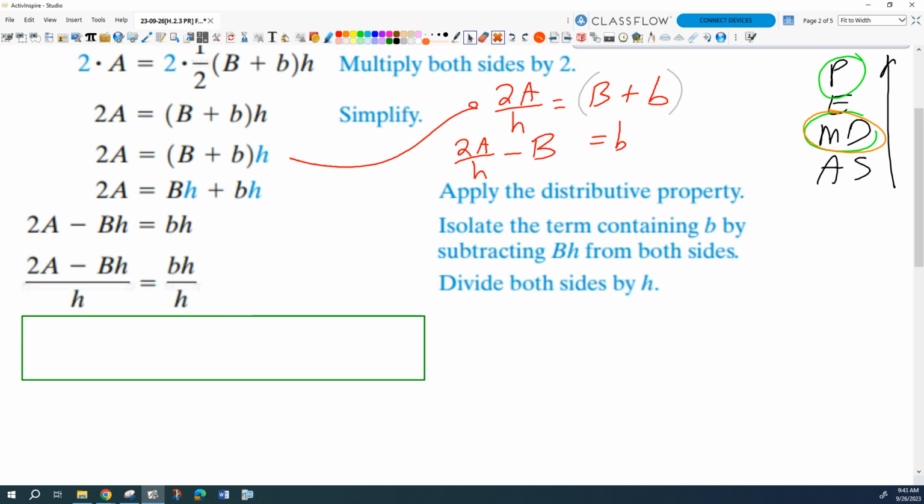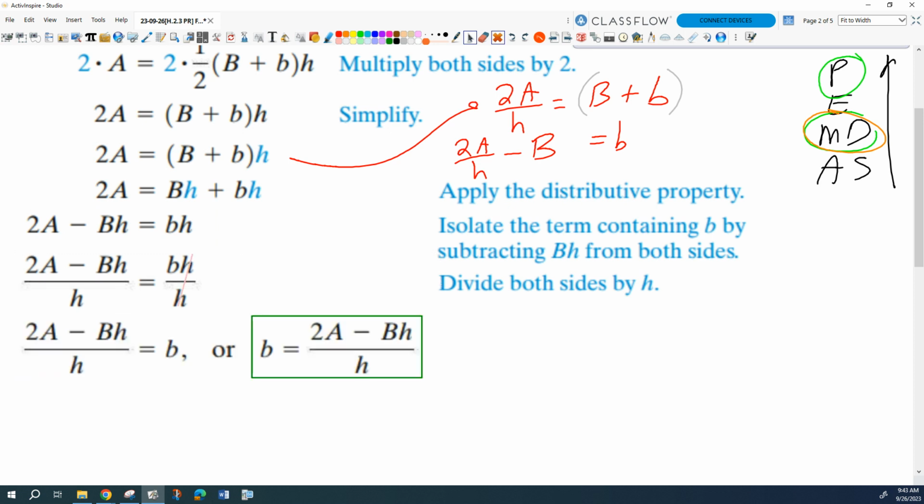So they get that answer. We get that answer. Are they the same thing? Yeah, they're fine. Okay. Make sense? Questions on that? Okay.